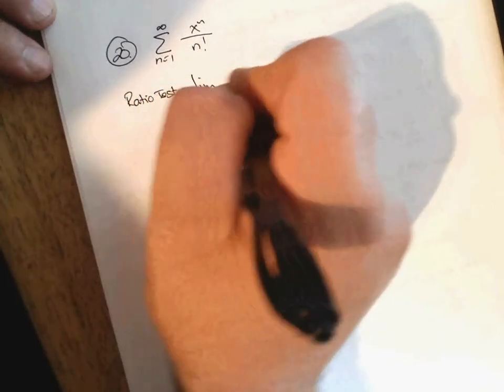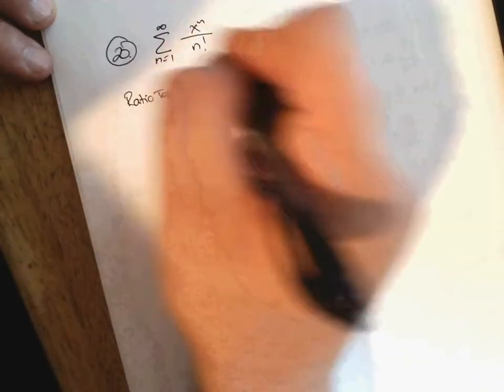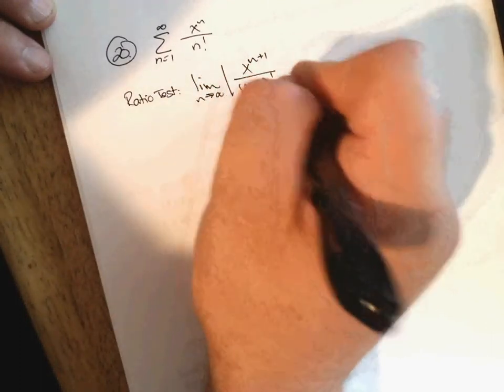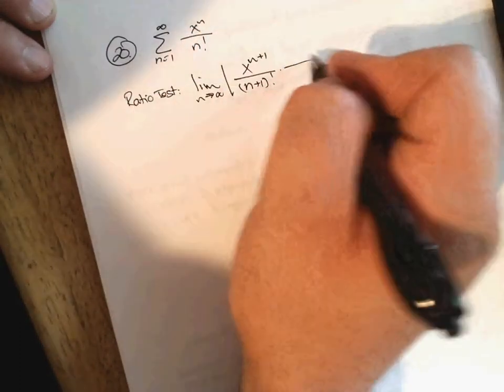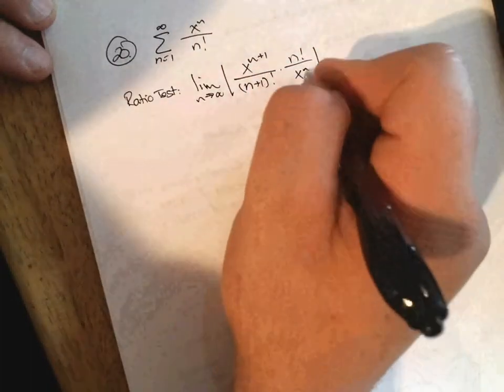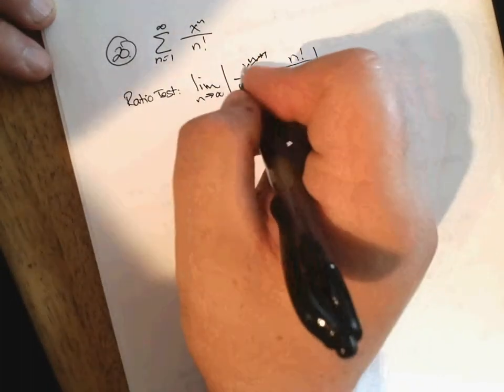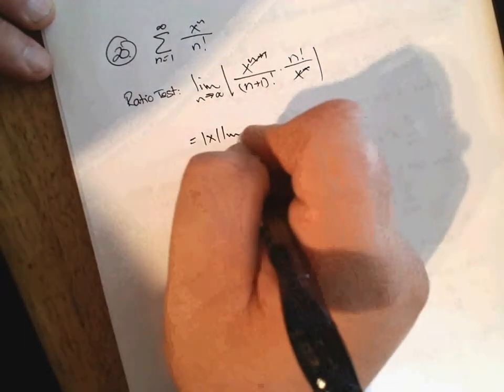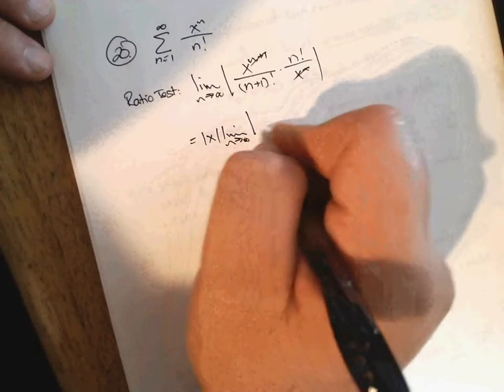So use the ratio test. Increase your n by 1. Flip this and multiply to create the division by the a sub n term. Simplify. Those cancel. You have an x here.